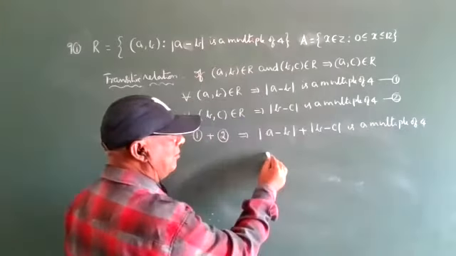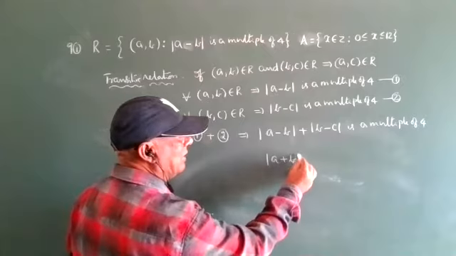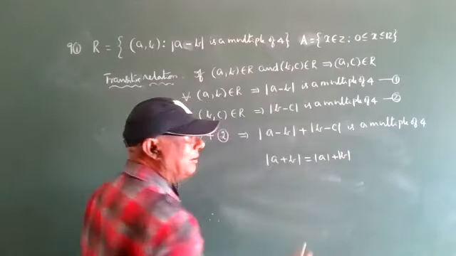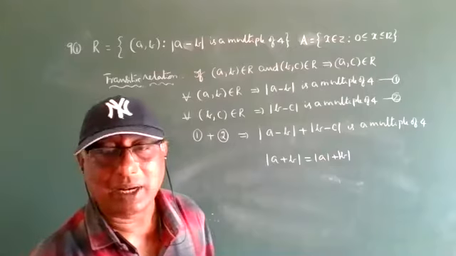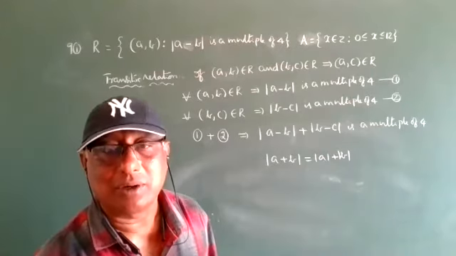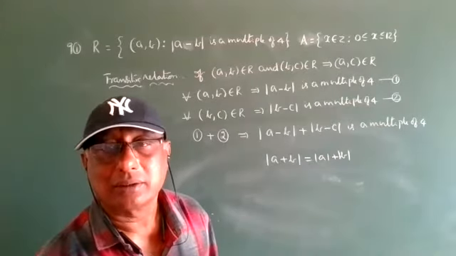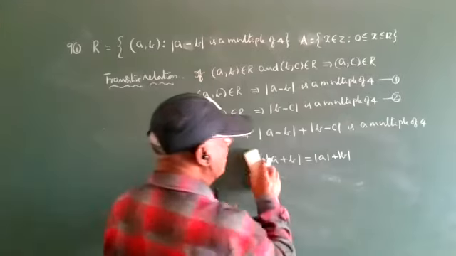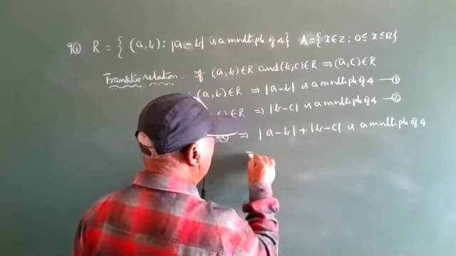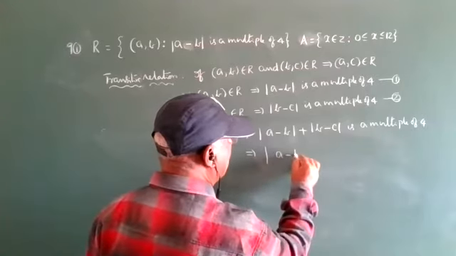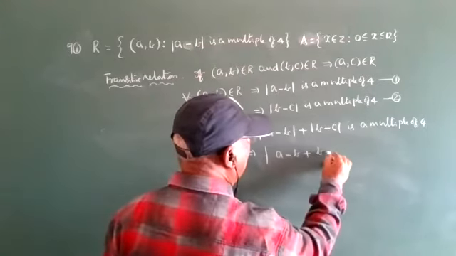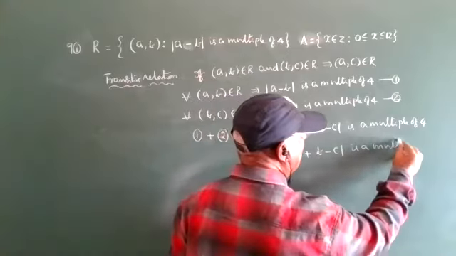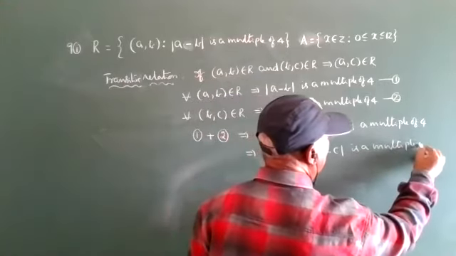So modulus of A plus B, we can write as modulus of A plus modulus of B. In the same way, now add both: modulus of A minus B plus B minus C is a multiple of 4.